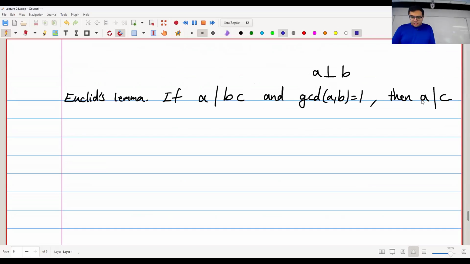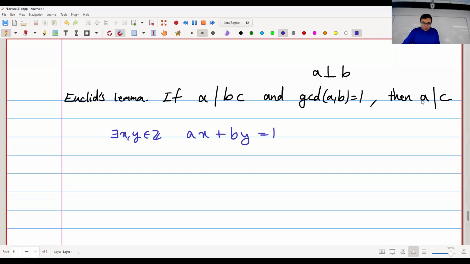Okay. Let's do this. I know that GCD of A and B is 1. So there exists some X and Y such that AX plus BY is equal to 1. How do I get C?